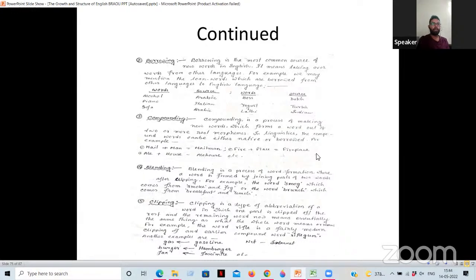Like alcohol is a word that has been taken from Arabic. Okay, alcohol is an Arabic word, but it has now become a part of English. Piano is also another word that has been taken from the Italian language. Sofa has been taken from Arabic.